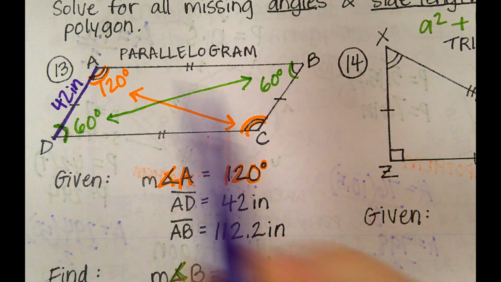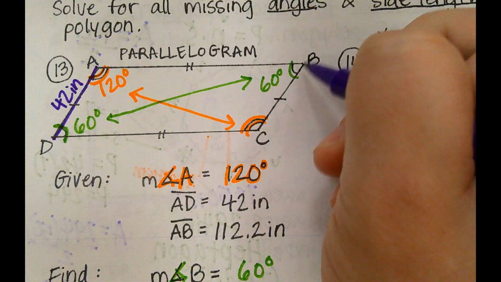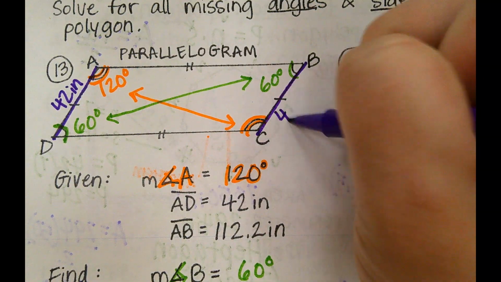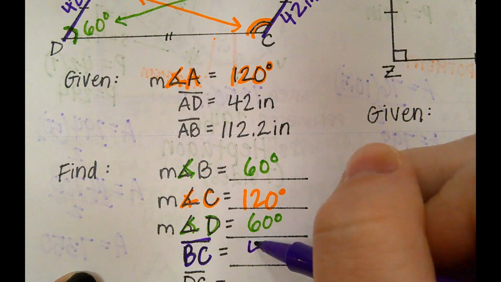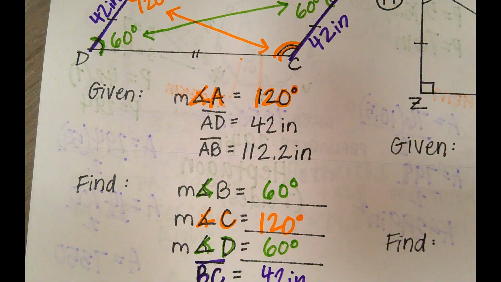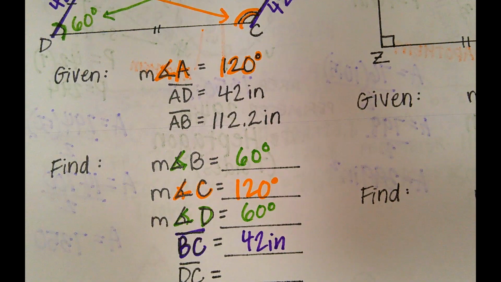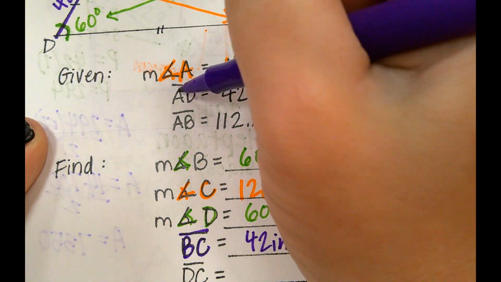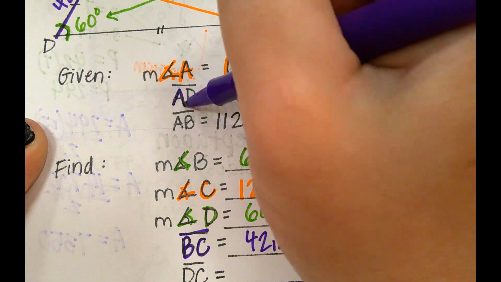My opposite sides are equal. So BC is also 42 inches. So I've got BC is 42 inches. And I've got one length left to find. That's going to be my DC.